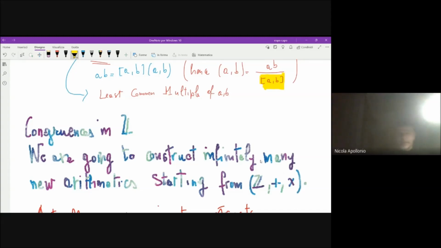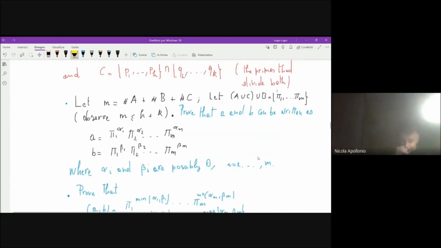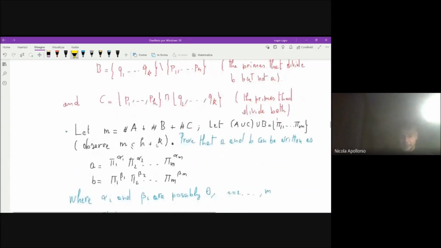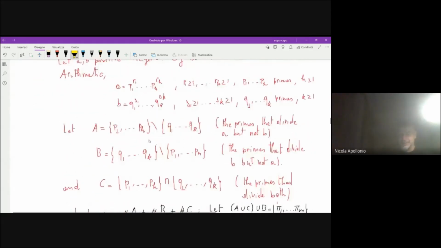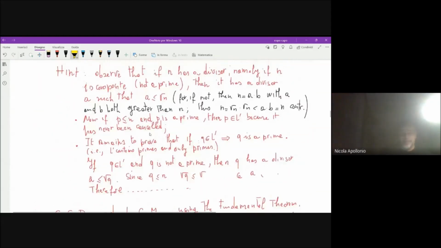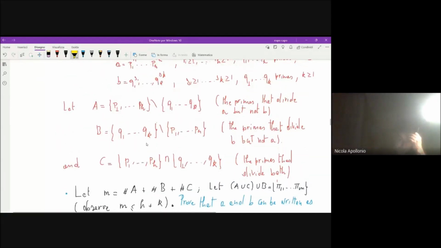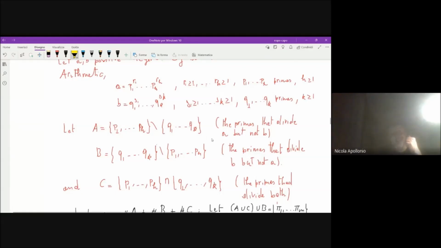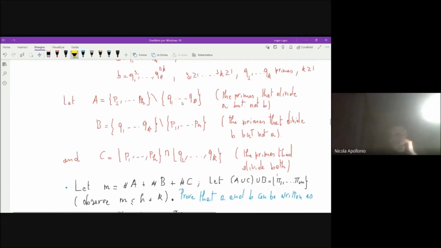So good. Let me say something that I forgot. Of course, in the representation using the fundamental theorem of arithmetic, it is really transparent when two numbers are coprime. They are coprime when the set C, which is the set of common prime factors, is empty.